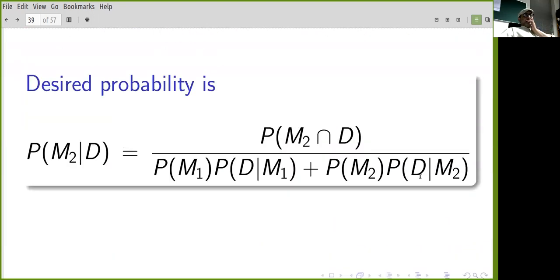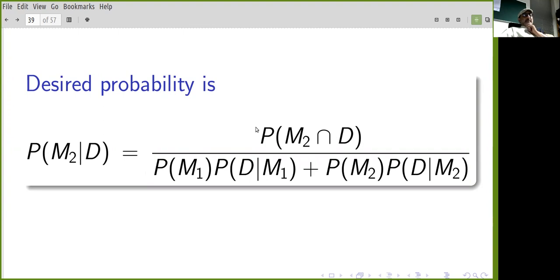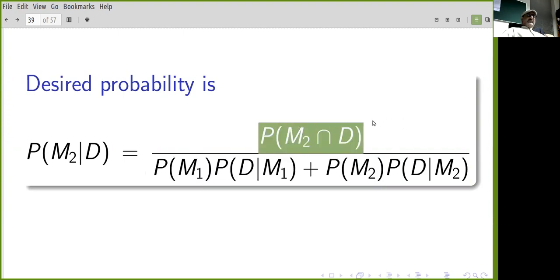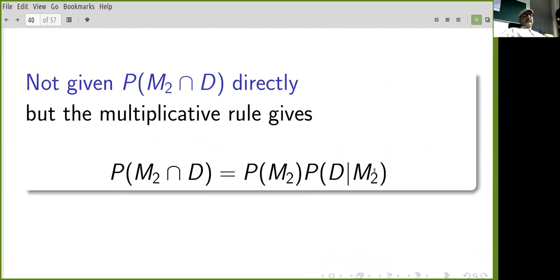Now, what do we know? We know the probability of M1, the probability of M2, the probability of D given M1, and the probability of D given M2. So we know all the probabilities in this denominator. We don't know the probability of M2 intersection D. Well, let's use the multiplicative rule again. The probability of M2 intersection D is the probability of M2 times the probability of D given M2.